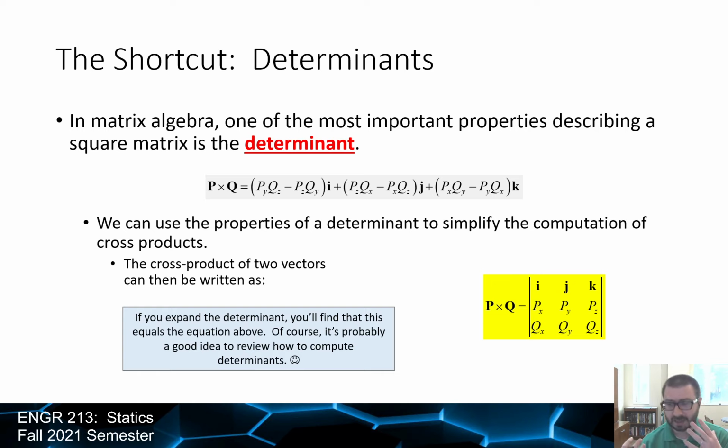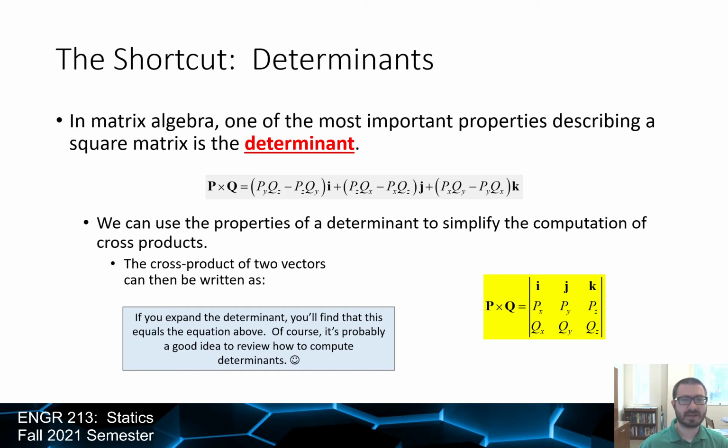So let me back up, in case you haven't used the determinant or haven't seen the determinant before. In matrix algebra, and we've done matrices in here already, I know, because at this point, I'm pre-recording this lecture, but we should have done 2 by 2 systems and 3 by 3 systems, so I know you all know what a matrix is.